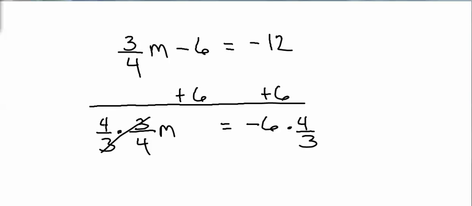All of this cancels. M is equal to. What can you do over here to help simplify earlier? 3 goes into itself once, and it goes into 6 twice. Negative 2 times 4 is negative 8.